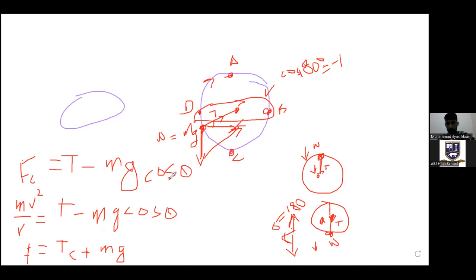Similarly, we can count the angle value from here because both are in the same direction, and we can put cos 0 here, and cos 0 is equal to 1. And if we put mg into 1, the answer will be T minus mg, and this factor will be gone.